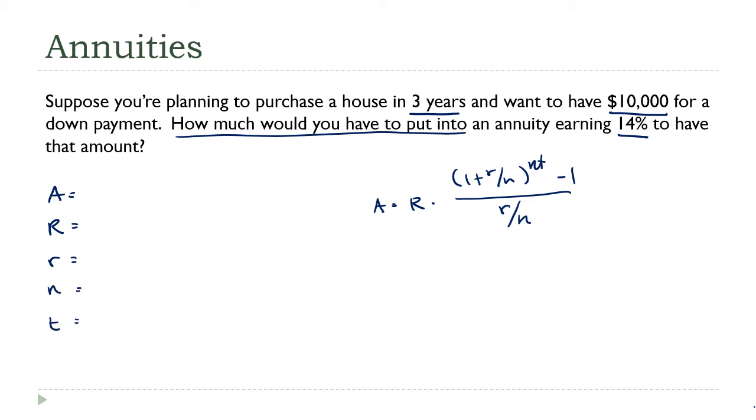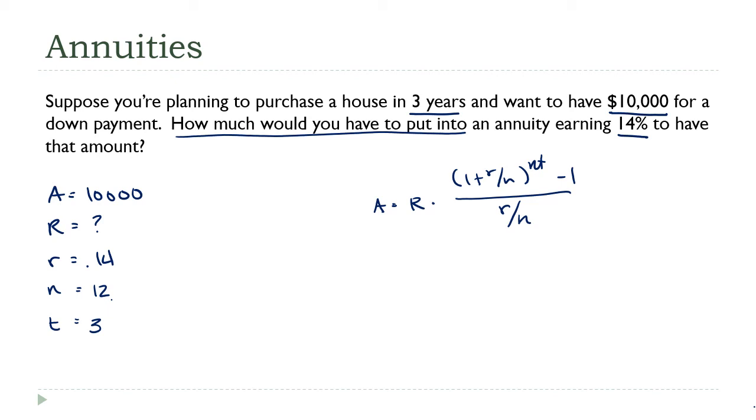The amount is my future value. I need to have $10,000. The monthly payment is what I'm trying to figure out. The interest rate is 14%. n is 12, we're doing this monthly. t is 3 years.